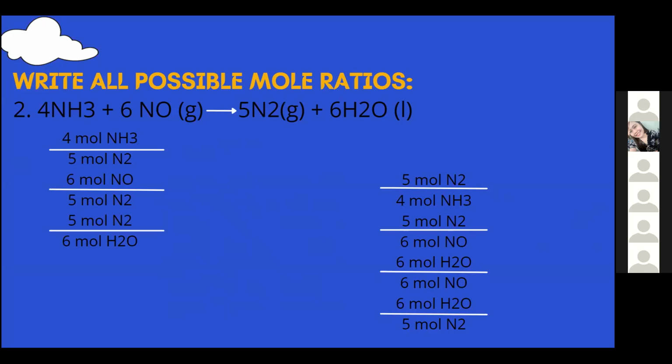And we have 5 moles of nitrogen over 6 moles of water, or we have 5 moles of nitrogen over 4 moles of ammonia, and we have 5 moles of nitrogen over 6 moles of nitrogen oxide, and we have 6 moles of water over 6 moles of nitrogen oxide, and we have 6 moles of water over 5 moles of nitrogen. And I'm going to give the slide to the next reporter.